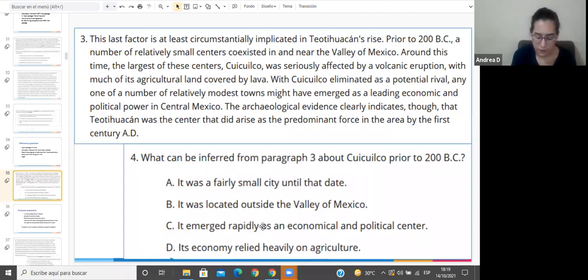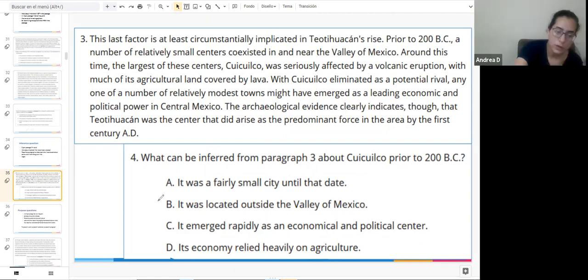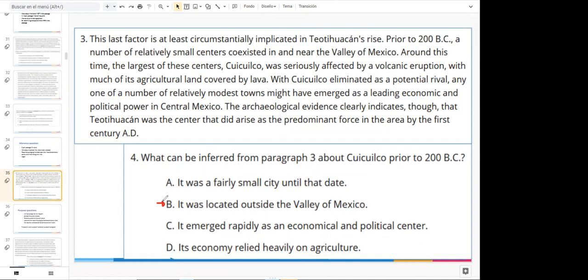Okay, so what do you guys think? Which one will it be? Option B, it might be, I don't know. Option B, okay. Do you all agree? Oh, sorry.